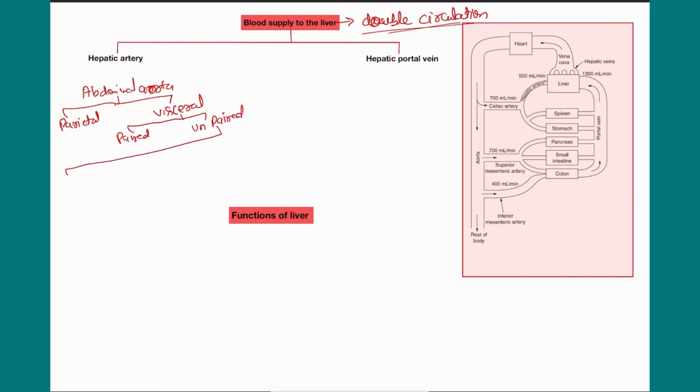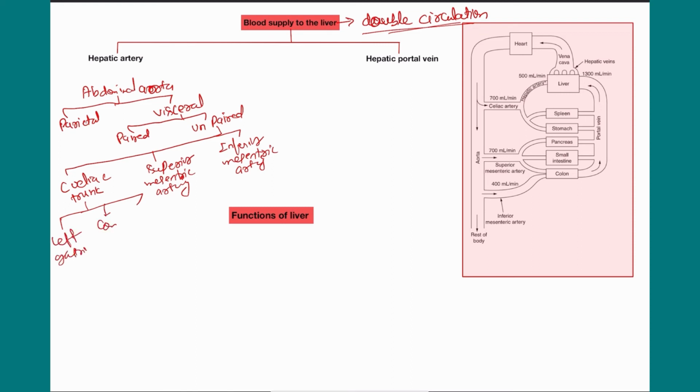The unpaired branches give the celiac trunk, superior mesenteric artery, and inferior mesenteric artery. The celiac trunk gives different branches like the left gastric, common hepatic, and the splenic artery.